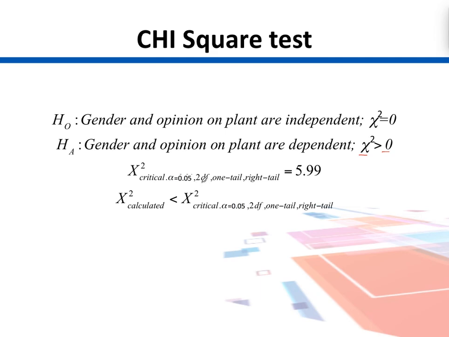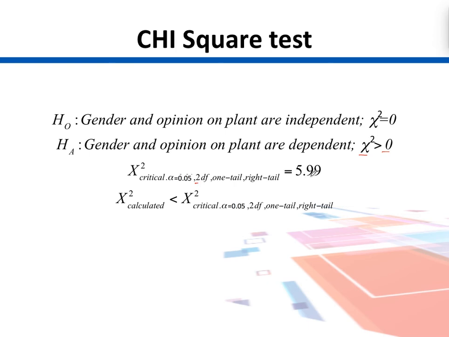Degrees of freedom is rows minus 1 times columns minus 1. Here opinion has 3 rows and gender has 2 columns, so 3 minus 1 times 2 minus 1 gives 2 degrees of freedom.